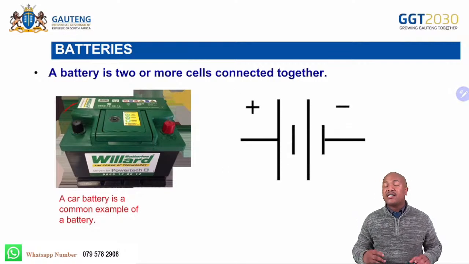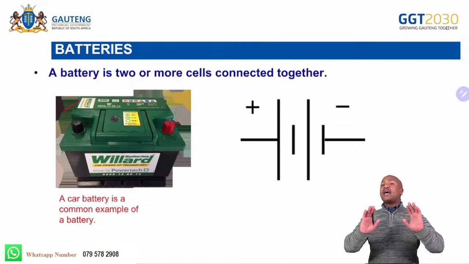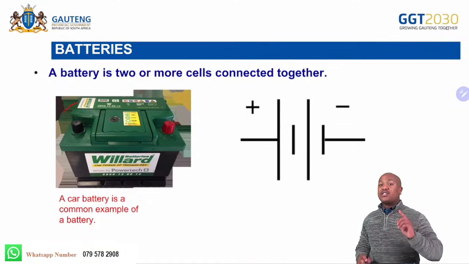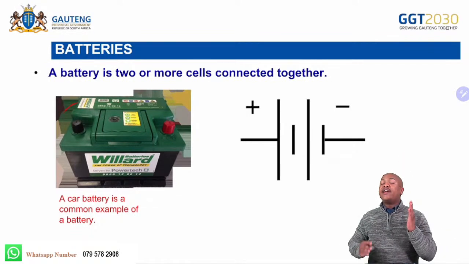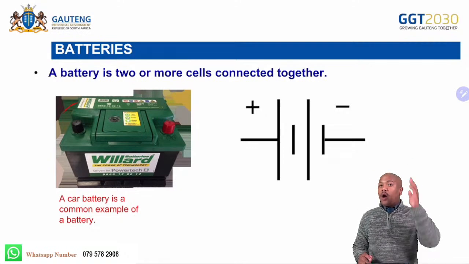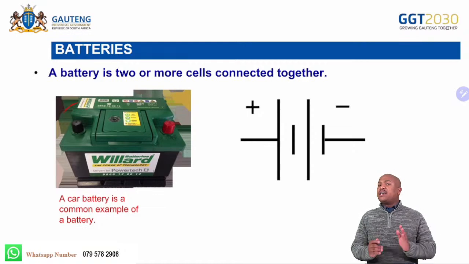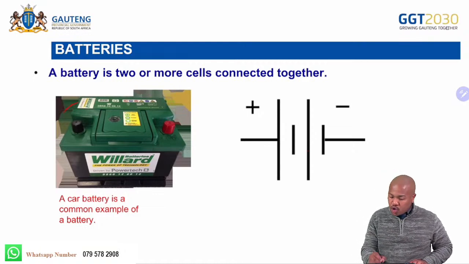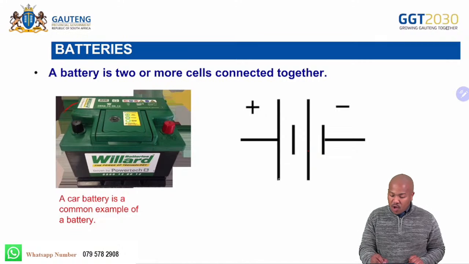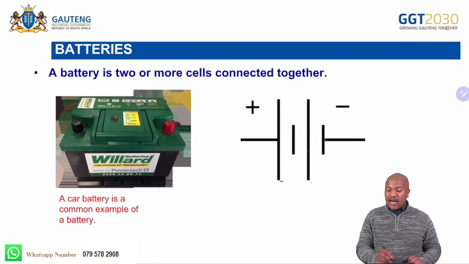Now here's a circuit symbol for a battery. Remember that I said one cell consists of one long line and one short line, right? One long arm and one short arm. So now what do we see here? We see 2 of each, right? We see one long line and another long line. We see another short line and another short line here.